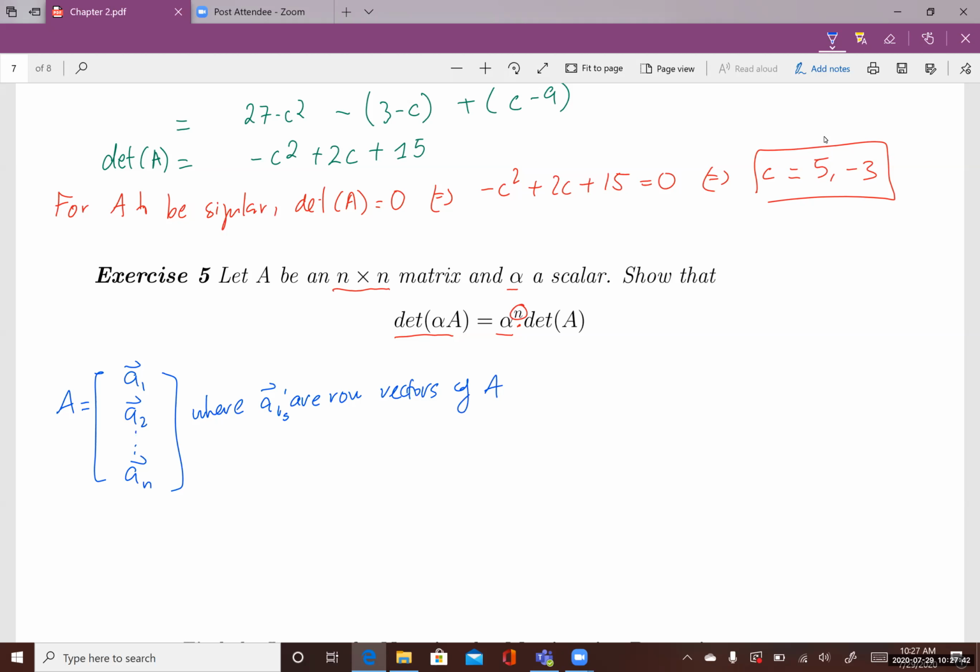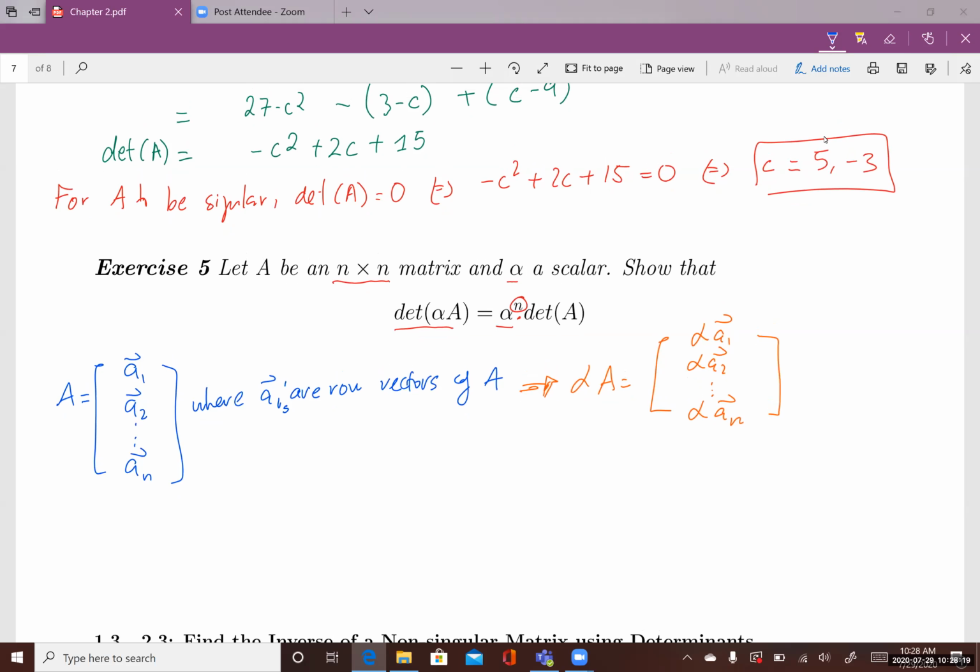Well, if you multiply alpha to A, then alpha A will be alpha A1, alpha A2, to alpha An. That's right, you have to multiply alpha to every single entry of A. So as we know, if we multiply alpha to one row, that means you use the second row operation.